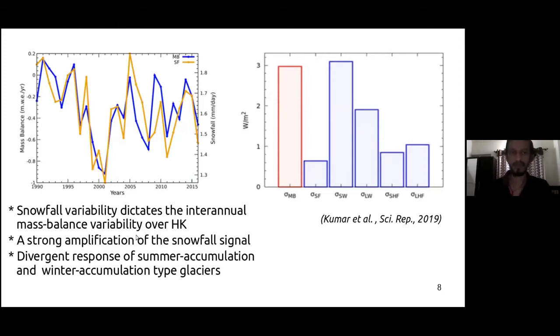So within the data that we're seeing in this model, this mass balance dip is caused by a snowfall dip. Now, the snowfall dip could be due to lower precipitation or precipitation happening during warmer periods. So both can happen. Sorry, I won't be able to say more. Did I answer your question? Yeah, fine. Thank you so much.